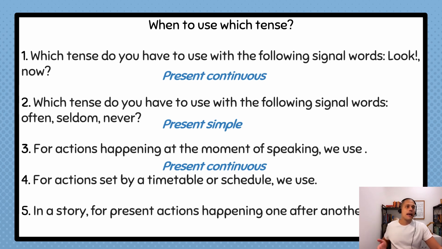For actions set by a timetable or a schedule, like a routine, for example: On Monday, I have history, English, and geography classes. So it's a schedule, right? So we use the present simple. And in a story, for present actions happening one after another, remember the example I gave about Betty's birthday?